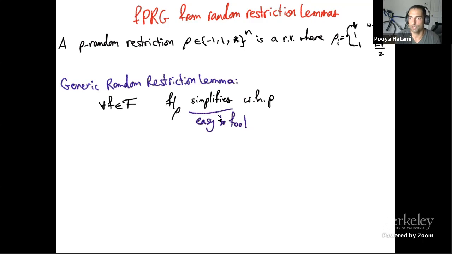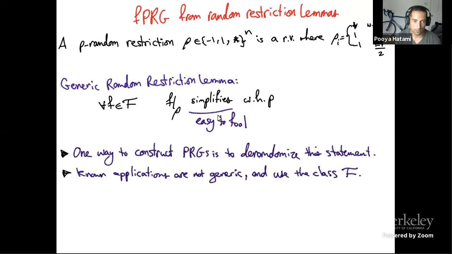For example, their degree drops, or their L1 Fourier bounds drop, so we can use basic generators to fool this restricted function. A general method to construct pseudorandom generators is to de-randomize this statement and come up with a pseudorandom restriction lemma.